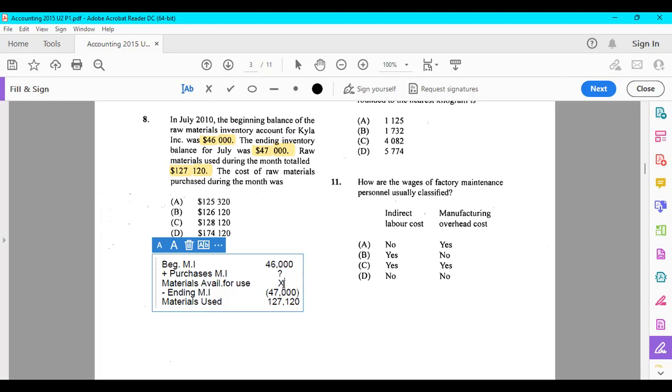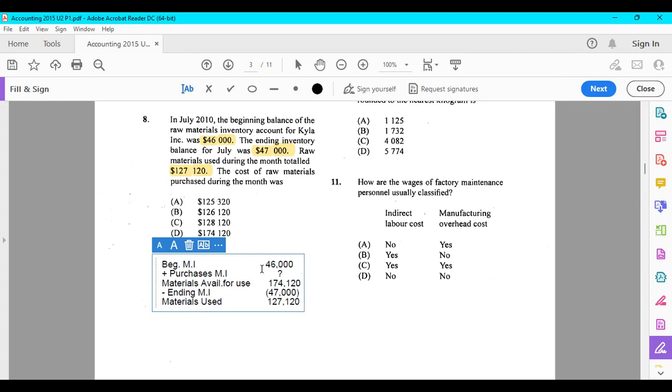You will now say, all right, 127,120 plus $47,000 will give us 174,120. So you add right there to know that it's 174,120. Excellent. So we have this figure right here. We just have one more question mark to work out, which is very possible.